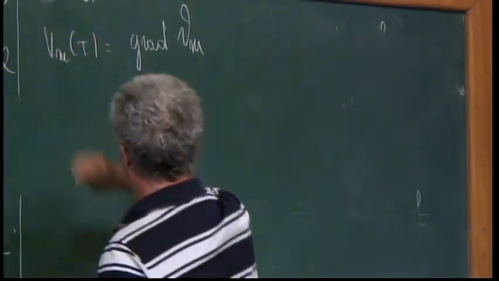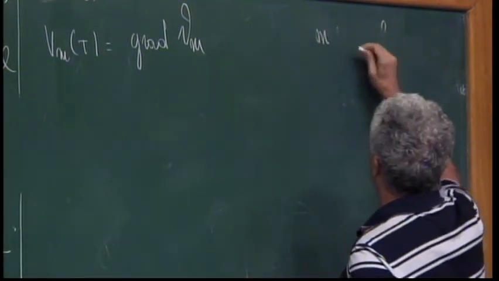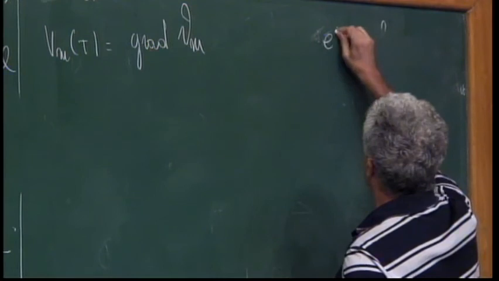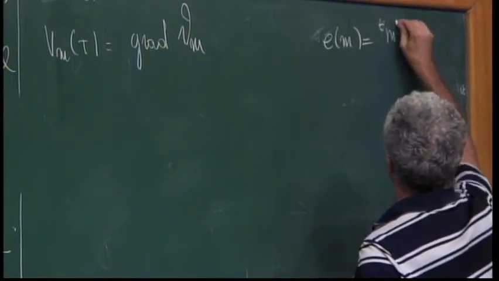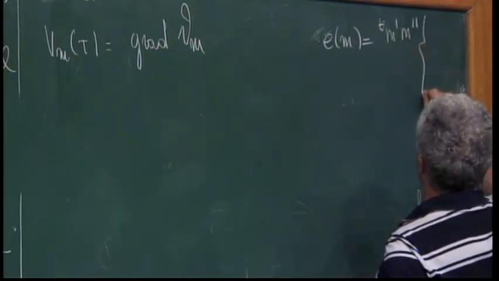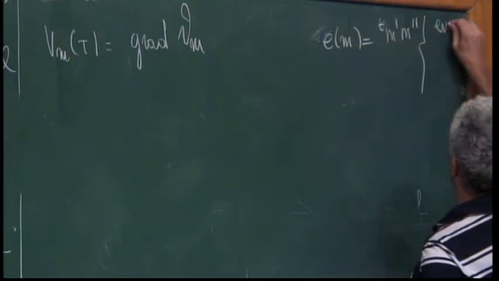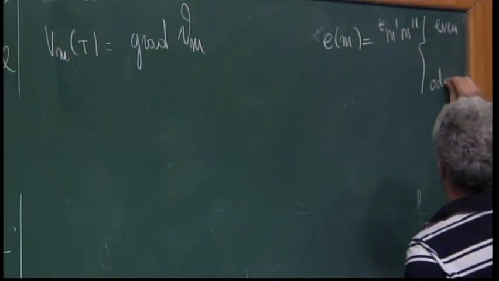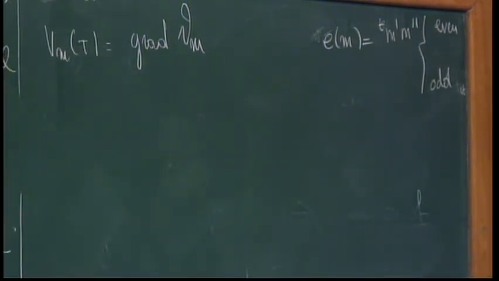To be odd or even, I write e(m) equal to the transpose of m' times m''. And this can be essentially even or odd. The theta function will be even if the scalar product is even, and it will be odd if the scalar product is odd.